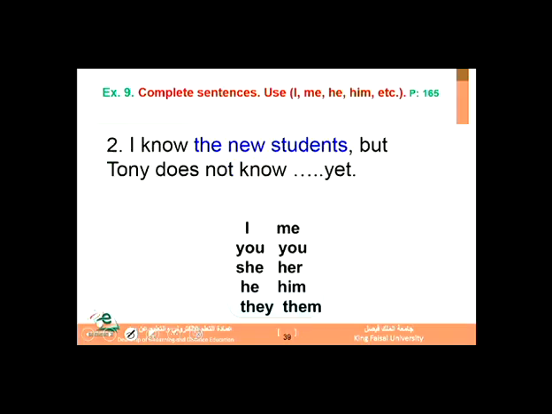Another example. I know the new students. But Tony does not know. Does not know yet. Does not know they or does not know them. Does not know. This is the verb, so we need an object for the verb. And we need something to refer back to those students.